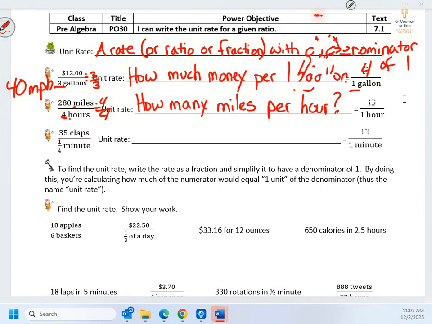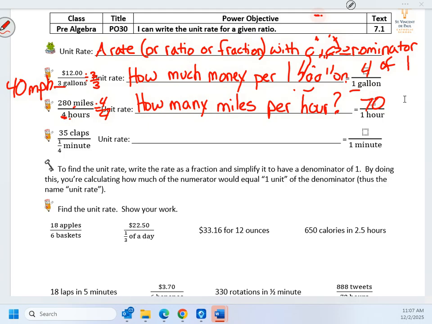Leo? 70. I can go 70 miles in 1 hour. So when we see MPH, we need to know that that means miles per hour. So those top two, we have whole numbers as our denominator. We divide by our denominator to get down to that 1.